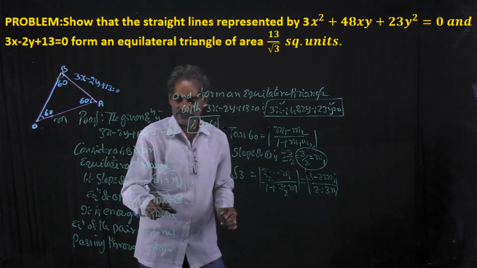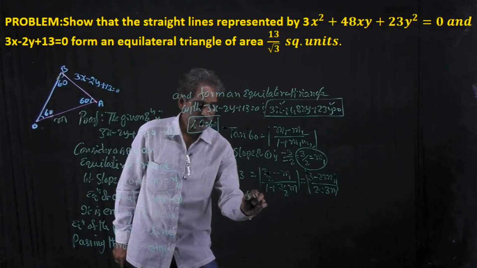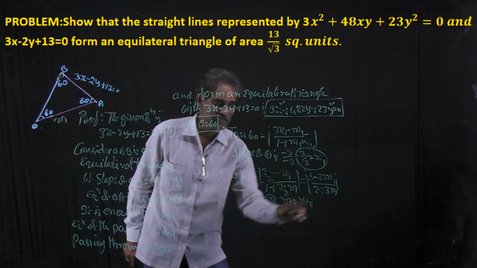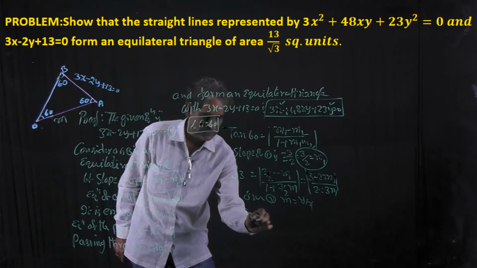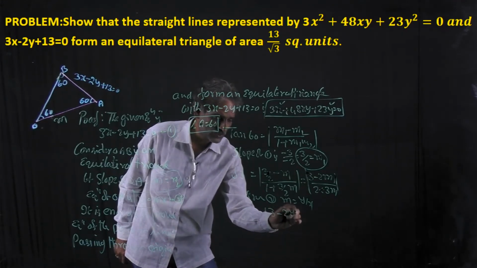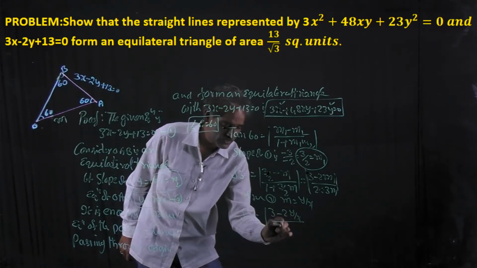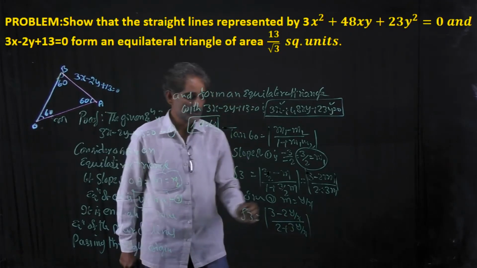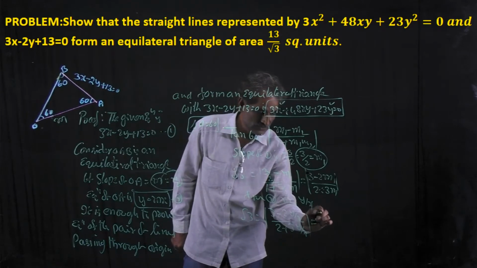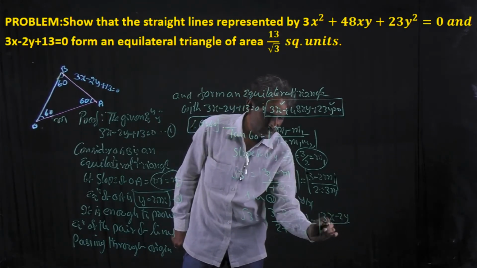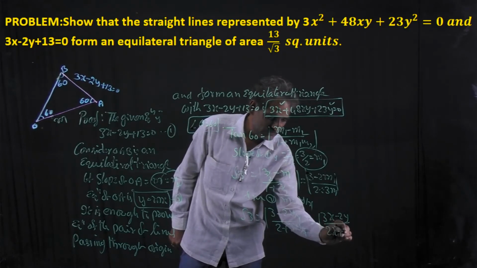Now replace m by y by x from 2. Then root 3 is equal to 3 minus 2 into y by x, by 2 plus 3 into y by x. So now take the LCM: 3x minus 2y by 2x plus 3y.